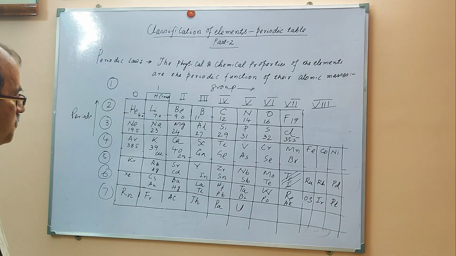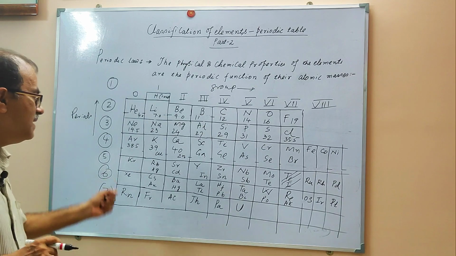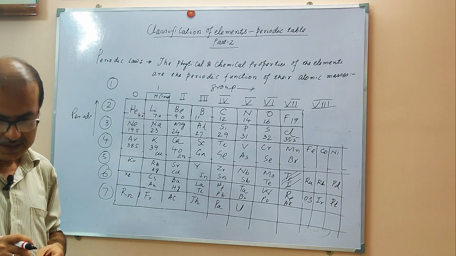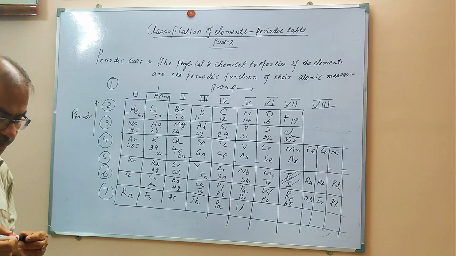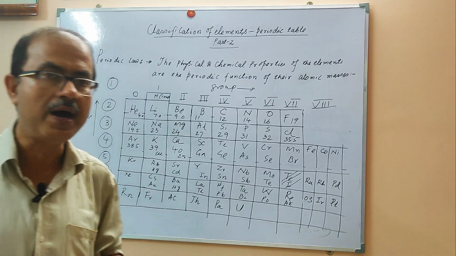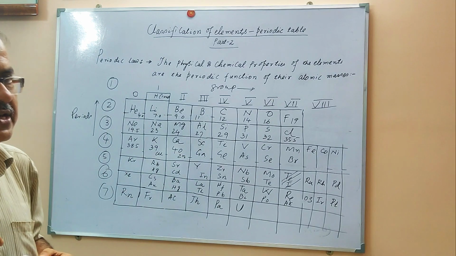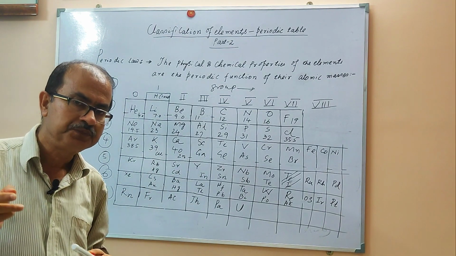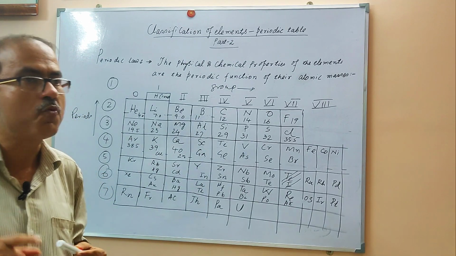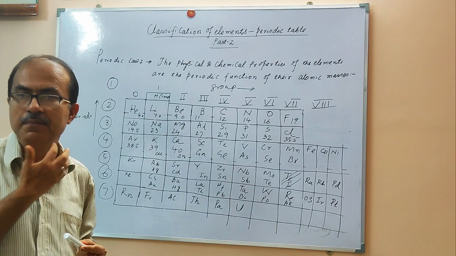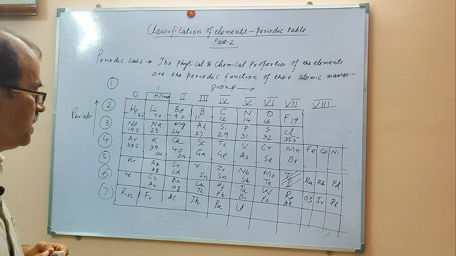So you can see the periodic table of Mendeleev is very elaborate because of what he has done: he completely relied on the similarity of the empirical formula as well as the similarity in the properties of the compounds made by the element.